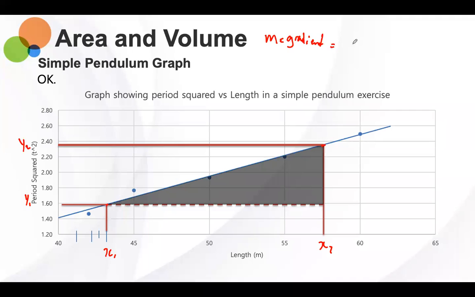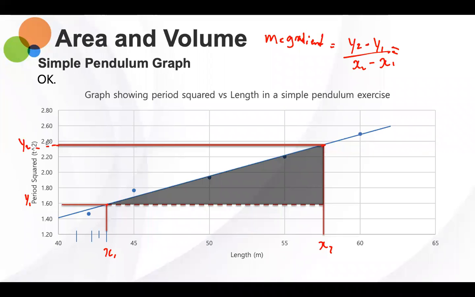equals y2 minus y1, over x2 minus x1. We find these particular points and plug in our values. So what is y2? It's the one up here.